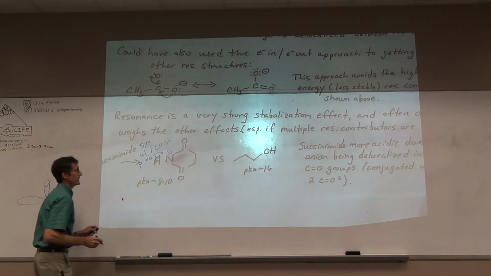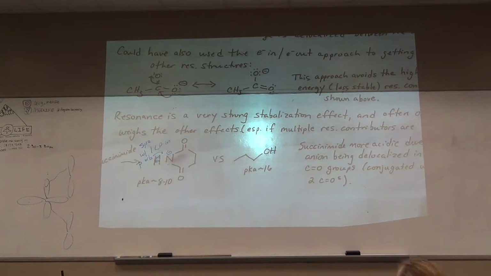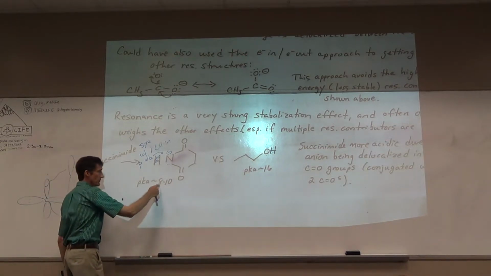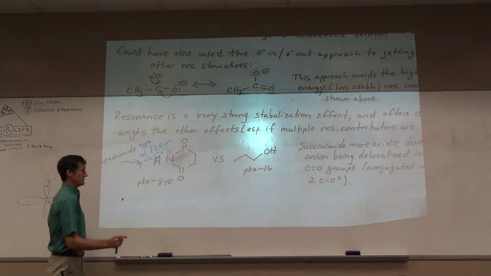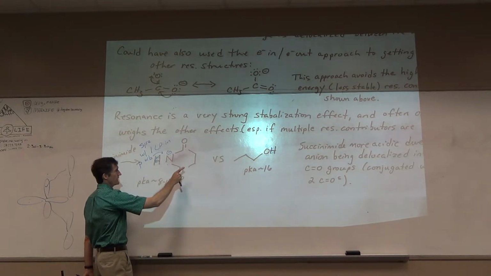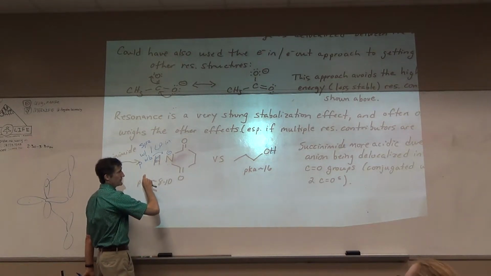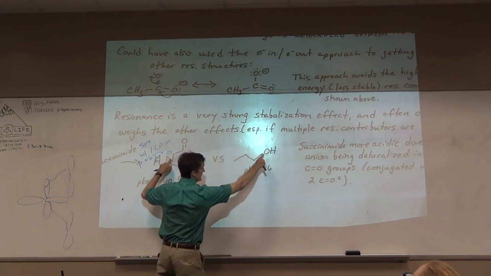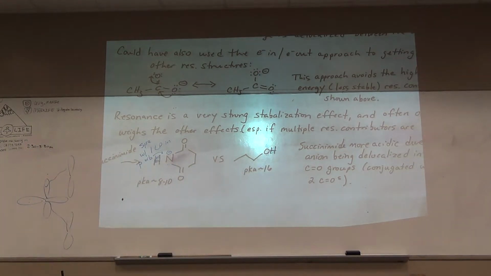All right, we're considering the anion. One of those lone pairs is doing something good. That's why this one's so much more acidic. Thus, it looks like resonance is a bigger factor than just electronegativity. It outweighed the oxygen. Not always. In this case it is.